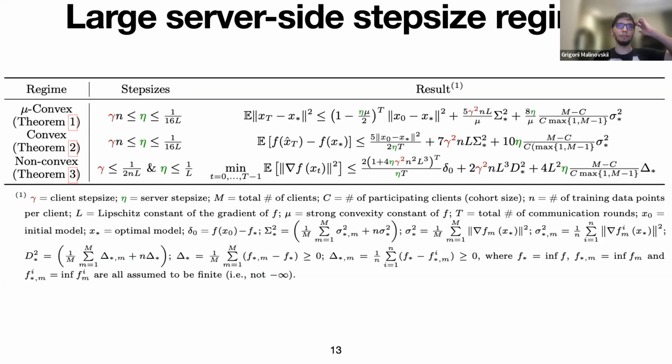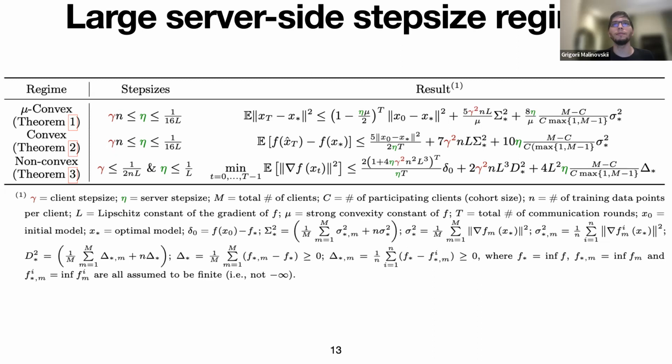Okay, we also have theoretical guarantees not only for strongly convex case, but for convex and non-convex. And as you can see, we have almost the same behavior of our inequalities. We have this decoupling with gamma squared for random reshuffling variance theorem, and also we have partial participation variance theorem, which is proportional to eta.